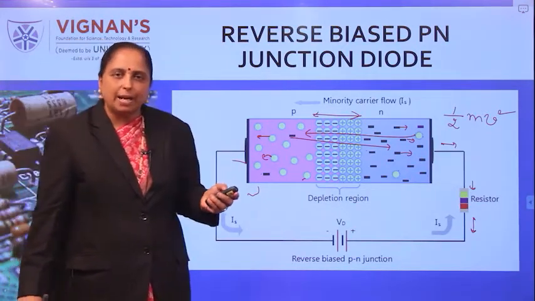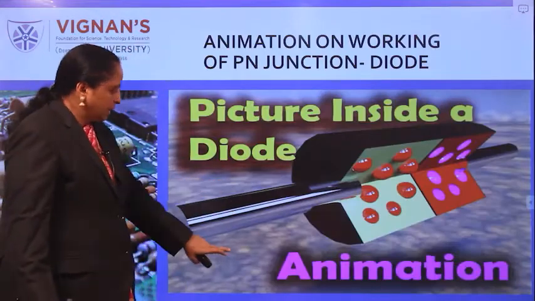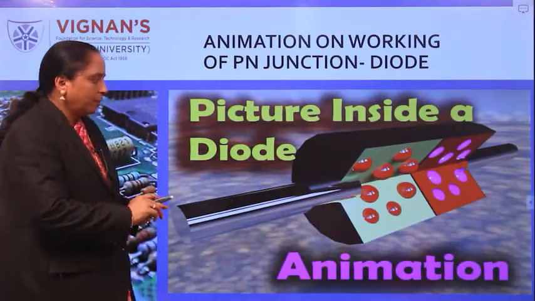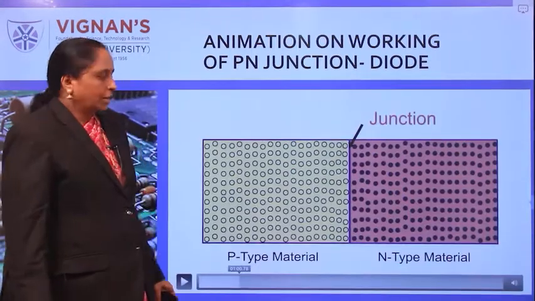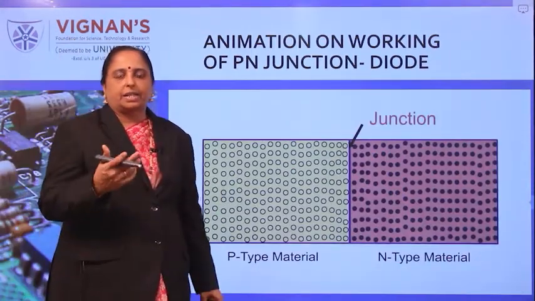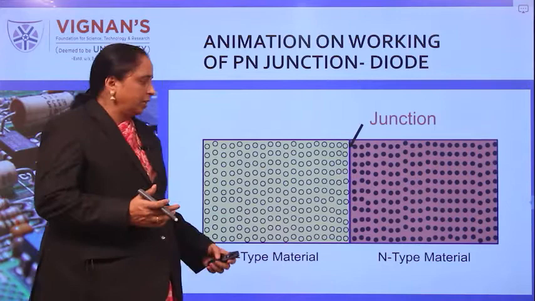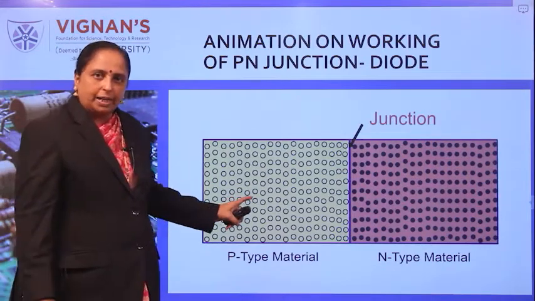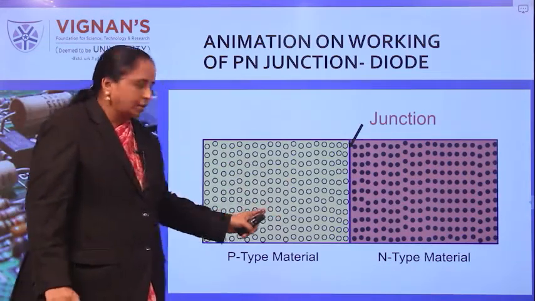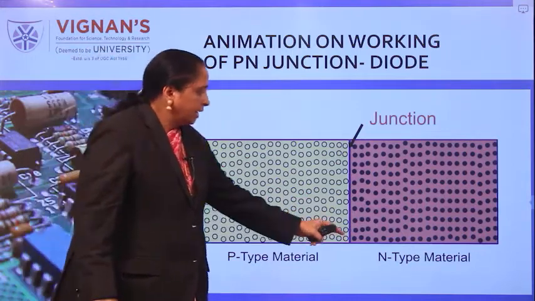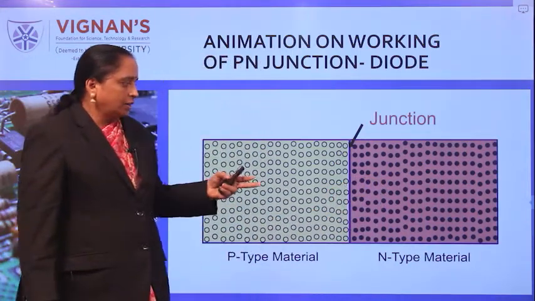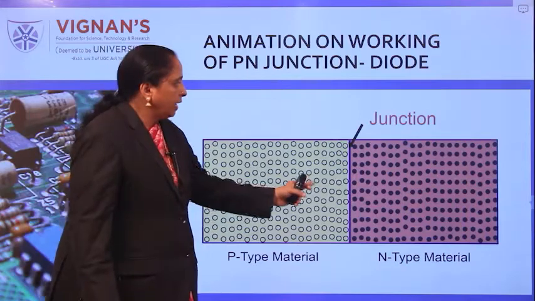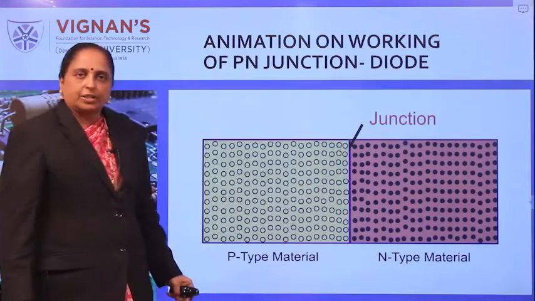Now, let us see an animated picture of the working of the PN junction diode. Here, this is a P-type material. Already, I told you the holes are majority charge carriers, and in N-type material, electrons are majority charge carriers, and in between there is a junction.